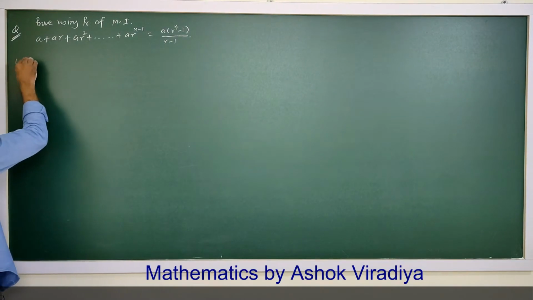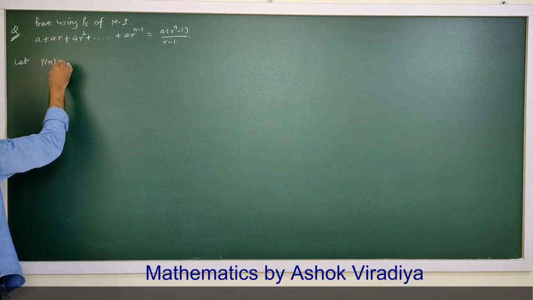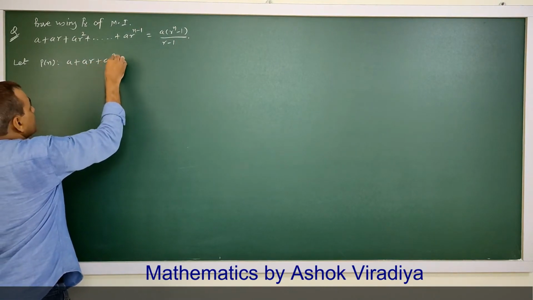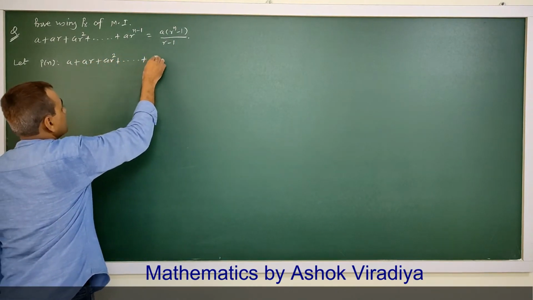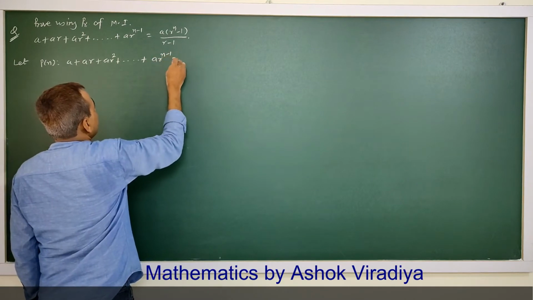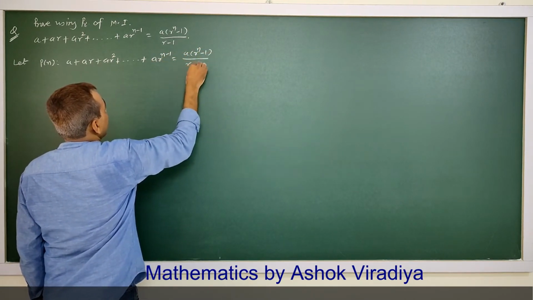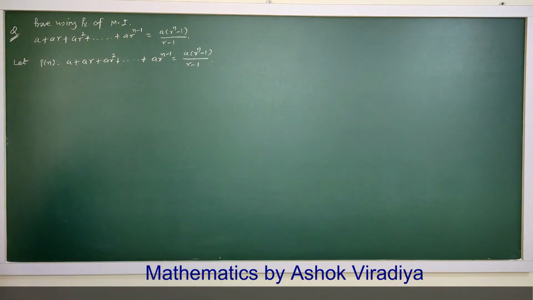That P of n, A plus AR plus AR square plus ... plus AR raised to n minus 1 equal to A into R raised to n minus 1 upon R minus 1. This is P of n. N is a natural number.